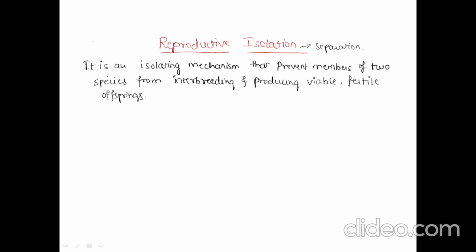Reproductive isolation will block the gene flow between the species, and this will limit the formation of hybrids.